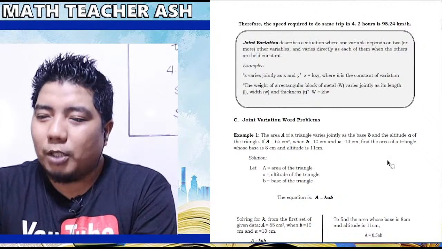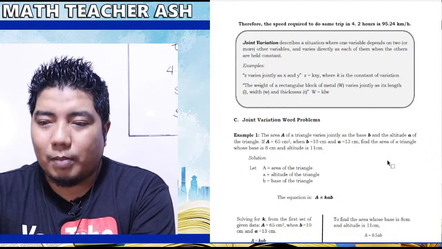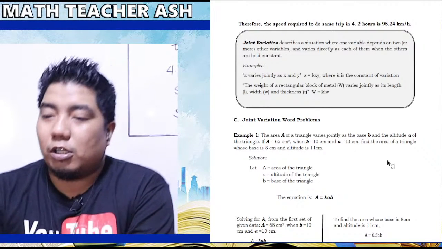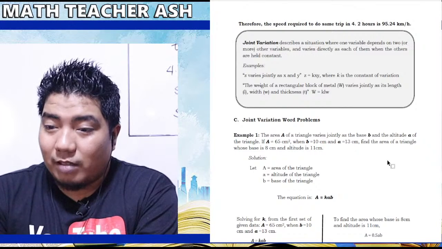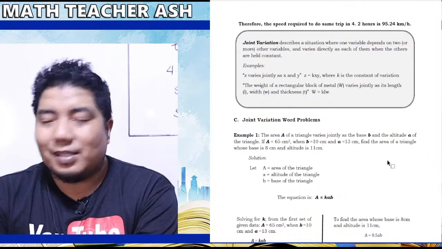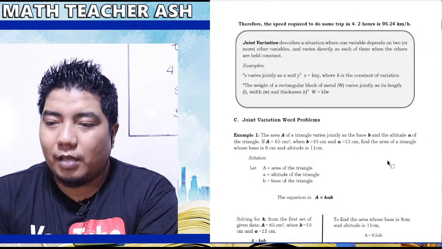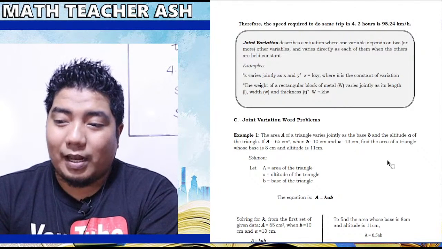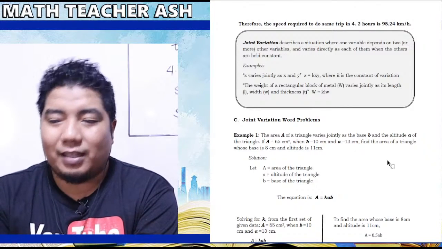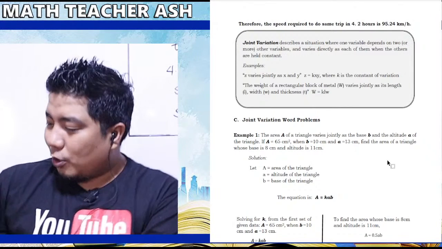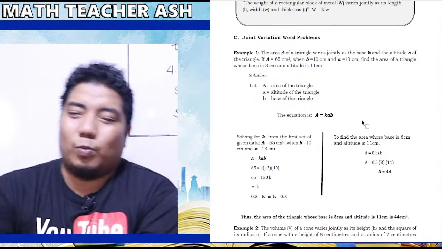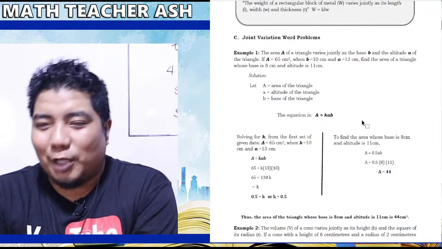That is W is equal to kLWT. There is a T, letter T, because it talks about the length, L, the width, small letter w, and the thickness, T. And then we have the capital letter W, which is the weight of the rectangular block. So therefore, we need the T here. Okay? So hopefully we got that one. Alright. Now, let's go to the word problem of joint variation.